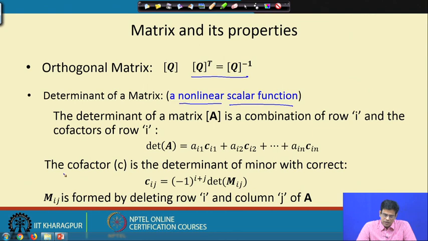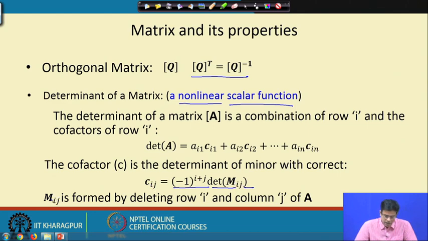So, we will see what a cofactor is. The cofactor of a matrix is the determinant of the minors with proper sign. That means the cofactors are essentially determinants. If I compute the minor Mij of matrix A and take its sign carefully, then this is the ijth cofactor of matrix A.